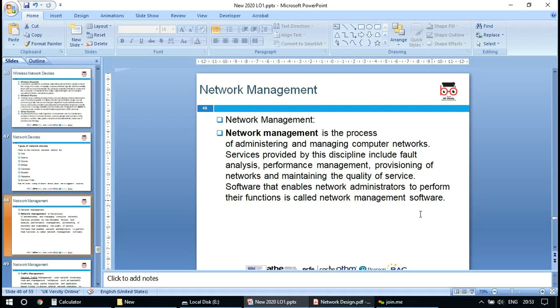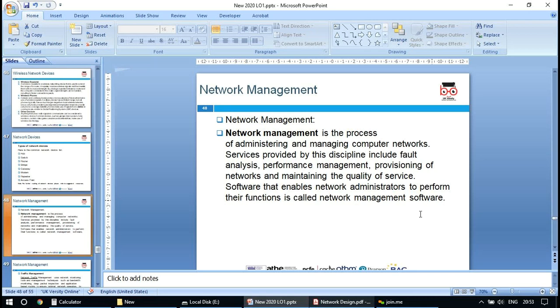It's to do with latency and things like that. Management includes fault analysis and performance.